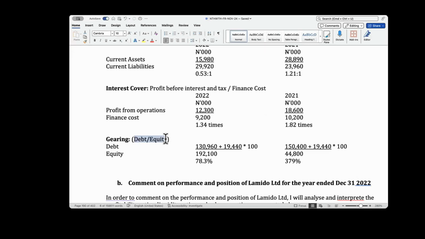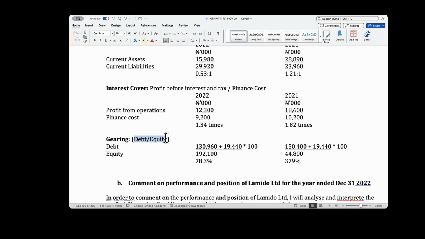Well, even though we use debt to equity, the highly geared level for debt to equity is 100%. If I had used debt over equity plus debt, right? That is another formula for gearing. Then I will be looking at around 50%. For anything above 50% is highly geared.